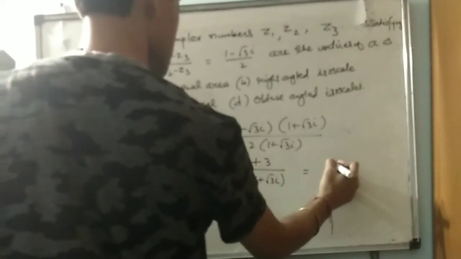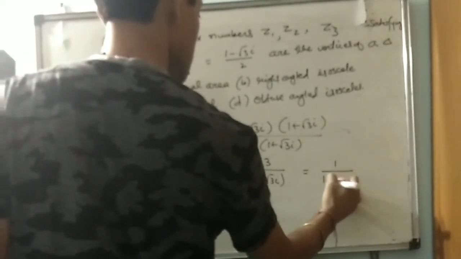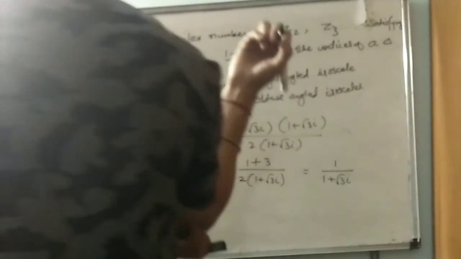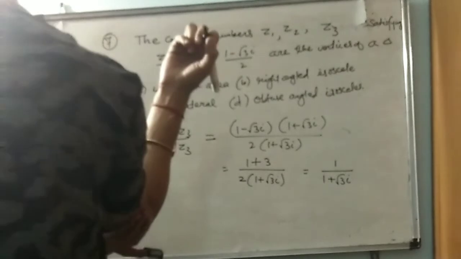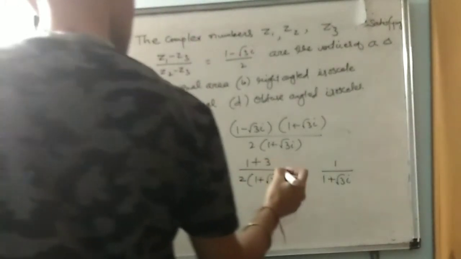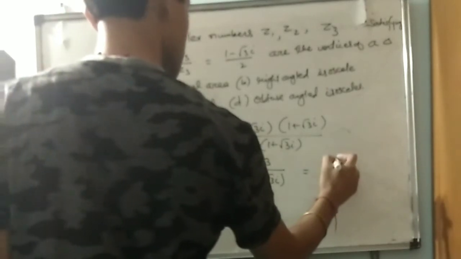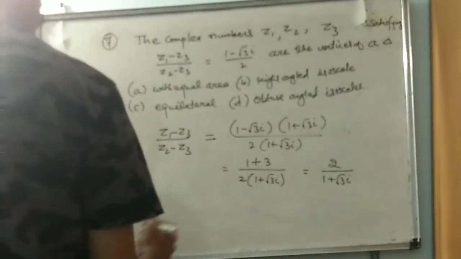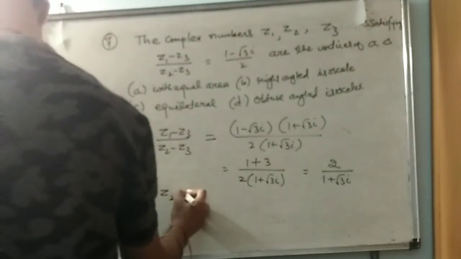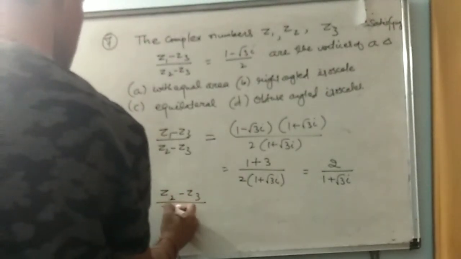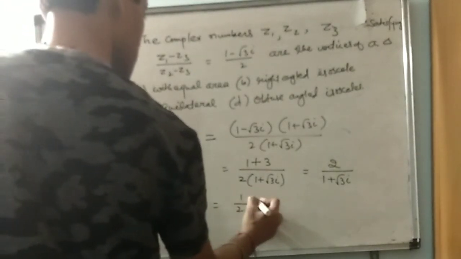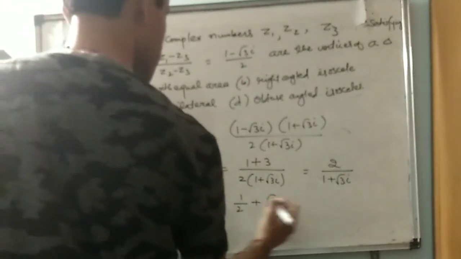So that gives us 1 upon 1 plus root 3 iota. Z2 minus Z3 upon Z1 minus Z3 will make it 1 upon 2 plus root 3 upon 2 iota.